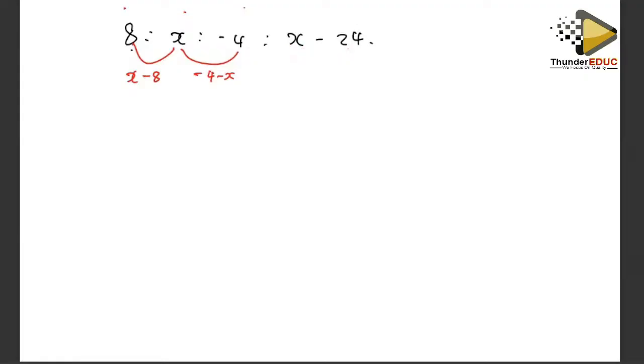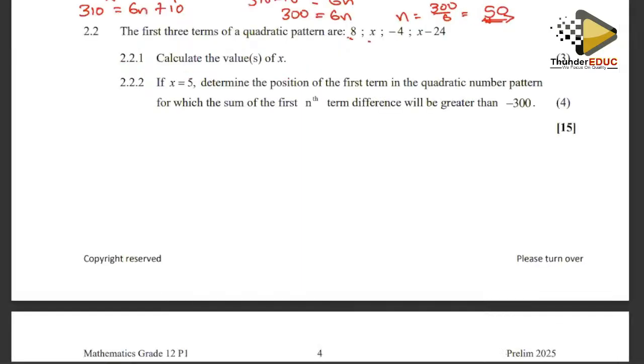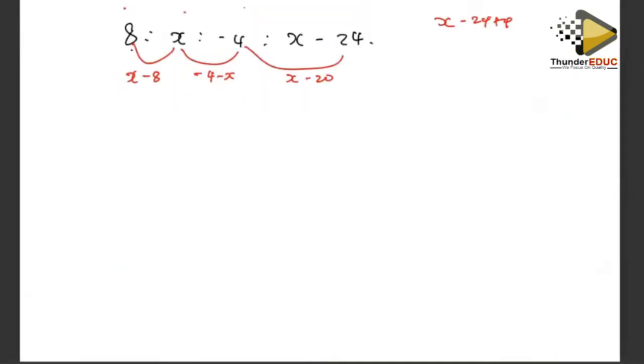This one is one term, it's not two terms. Okay, meaning that it's going to be x minus 24 plus 4, which is going to be x minus 20. How many terms do we have? It's 1, 2, 3, and 4.